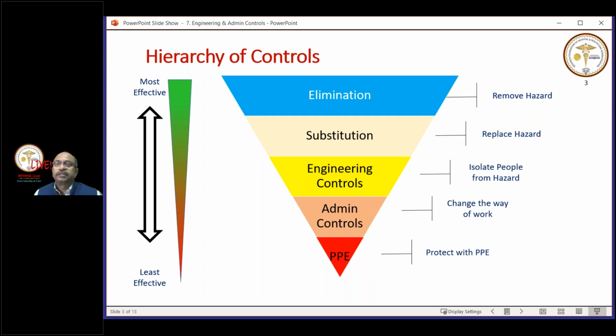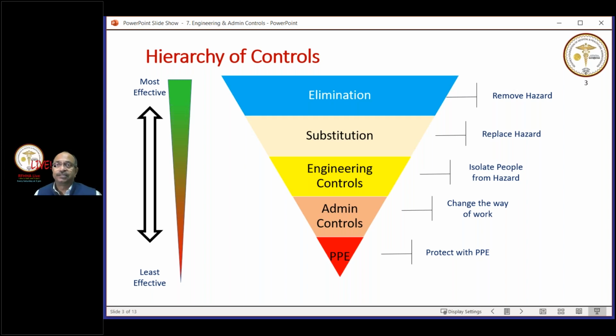I will give you an example of the top and the bottom, and then we will proceed with the presentation. So PPE, I think all of us are aware that PPEs are in widespread use in the hospitals, and we all think that PPE is the solution to all infection control issues, whereas it is not. An example of elimination of a hazard is the use of mercury in the hospitals.